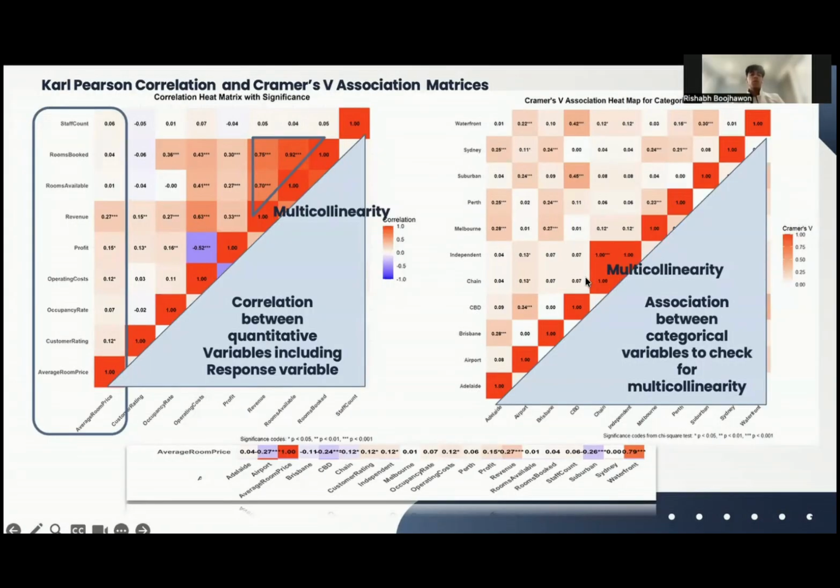Now we move on to correlation matrices. The Karl Pearson correlation has been used to represent the strength of the relationship between pairs of quantitative variables, including the response variable. And the Cramér's V association has been used to detect the strength of the association between the pairwise coded categorical variables.